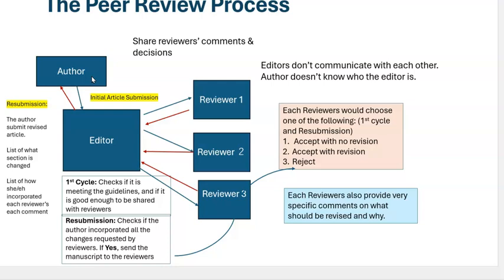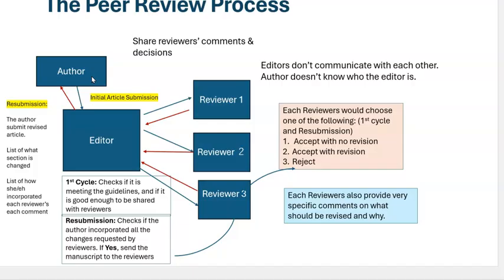And then the editor will review that revision and the response to the reviewers sent by the author, and then decide whether that manuscript will require another revision, or be accepted or rejected. If it is accepted, the manuscript will be published.